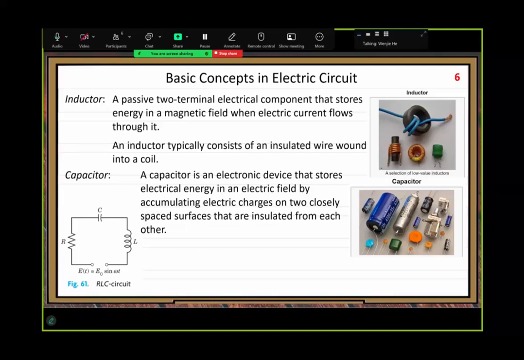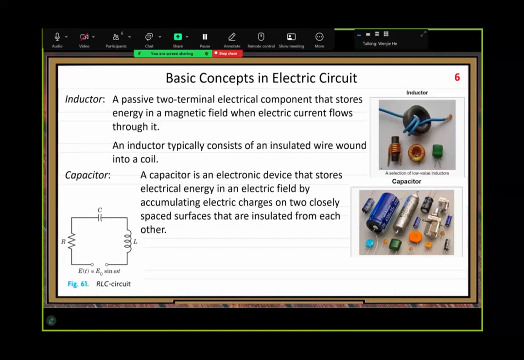In this cylindrical shape, inside you have two closely spaced surfaces that are insulated from each other. That structure can hold electric charges. So this capacitor can hold a certain amount of electric charge. Another important component.